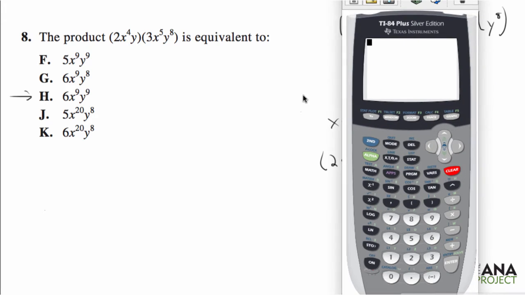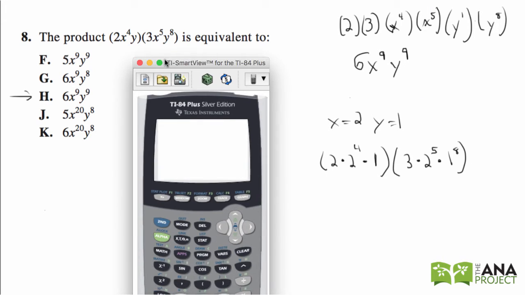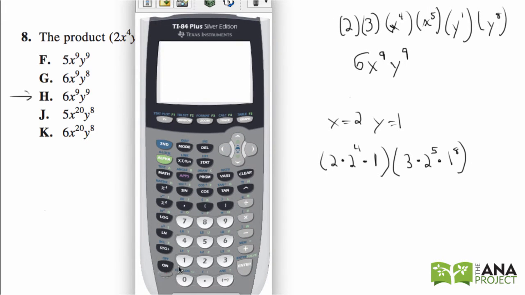So then we'll just take out the calculator here. I'll go 2 times 2 to the 4th. We don't really need to multiply it by 1 because it doesn't do anything, but I'll just do it anyway.